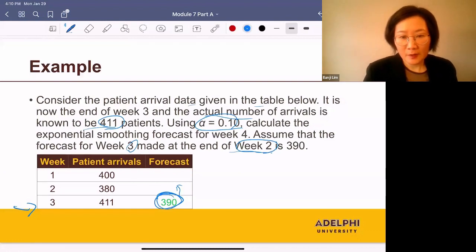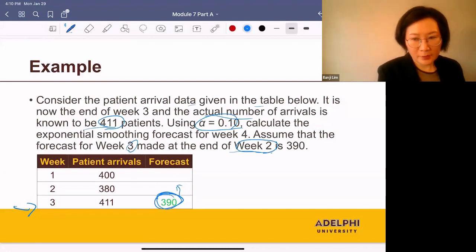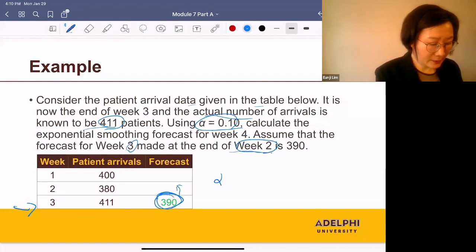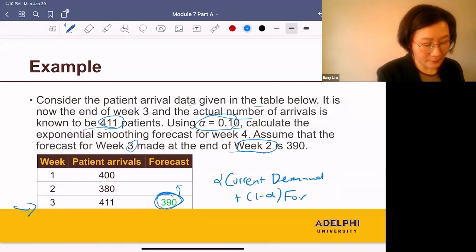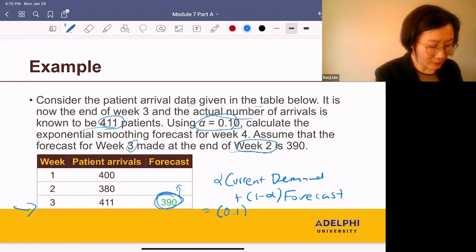Now let's use our formula for the exponential smoothing method. The formula is alpha times the current demand plus 1 minus alpha times our forecast for the current period. So alpha is 0.1.